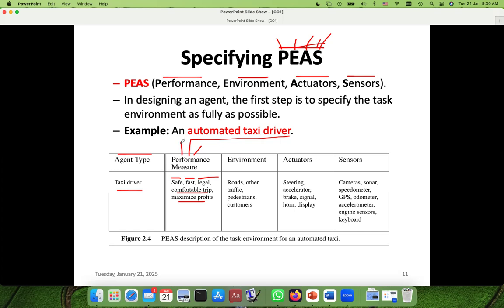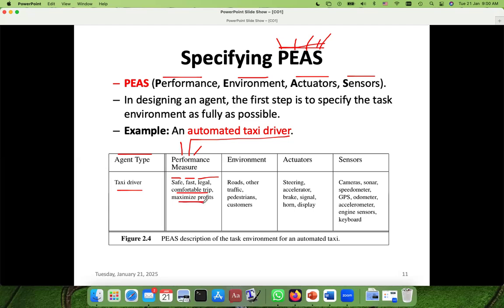is performing good or not. If it is not doing any accidents, safe and fast, there is no fines or whatever, and when you take the feedback from the customer, they always say that the trip is comfortable, and maximize profits.